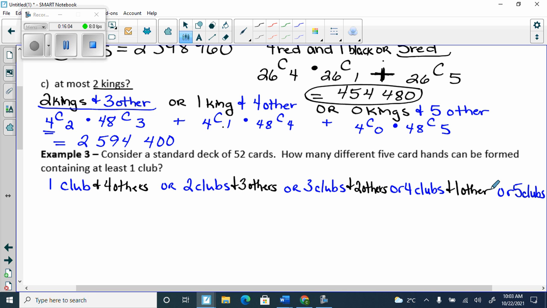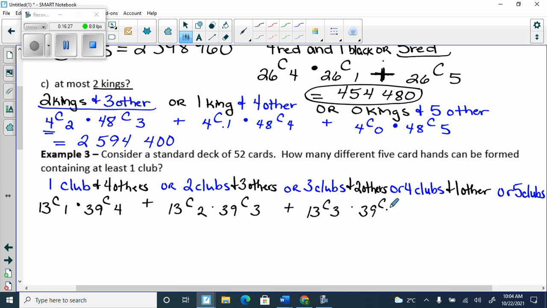So we'd have clubs, which are 13, choose one times, and then we do 52 minus 13, which is 39, choose 4. Or 13 choose 2 times 39 choose 3. Or 13 choose 3 times 39 choose 2.